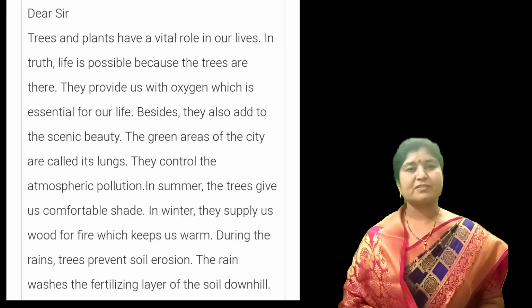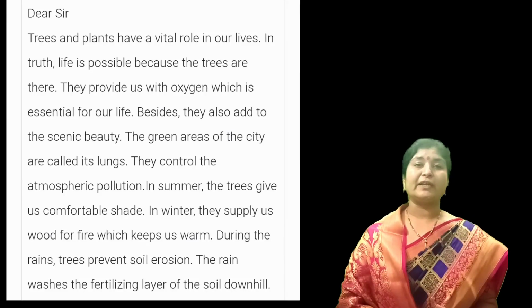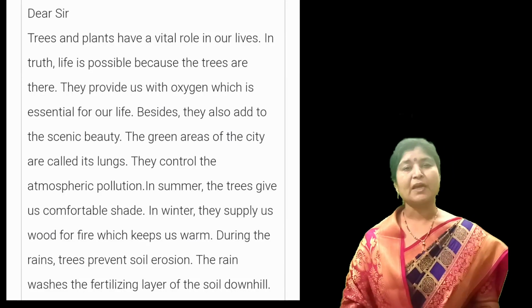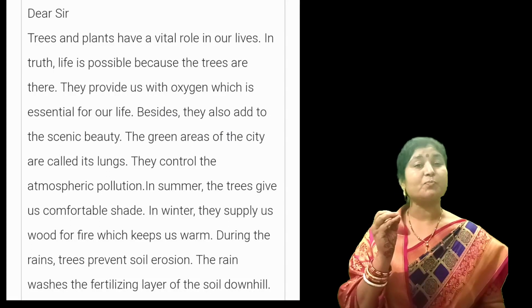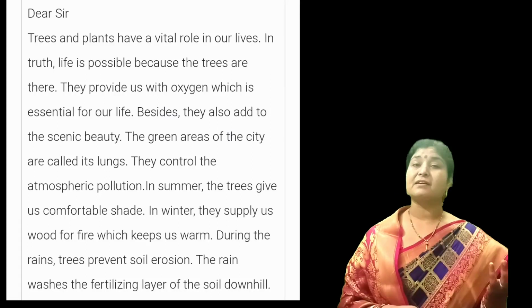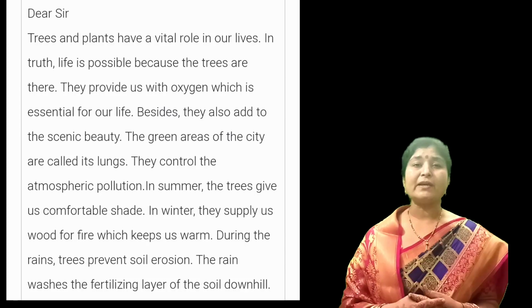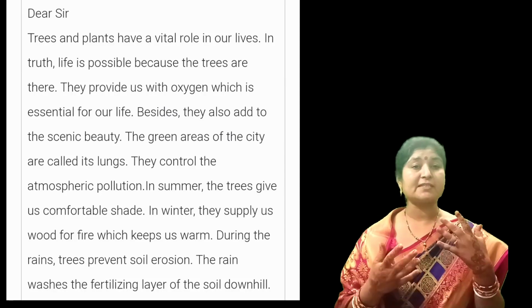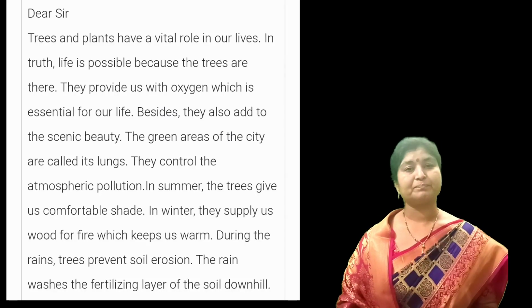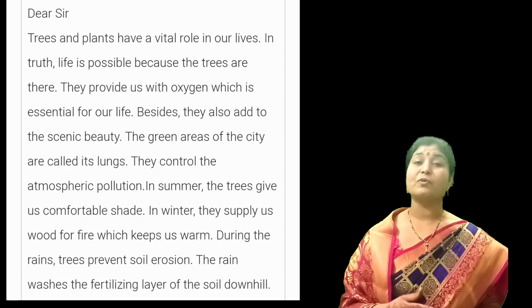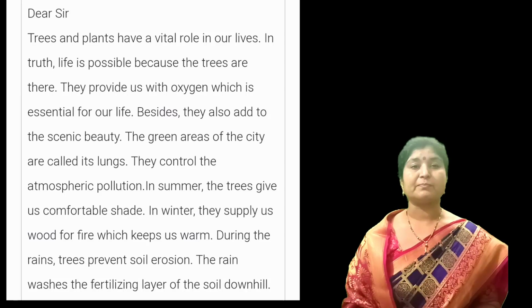Trees and plants have a vital role in our lives. In truth, life is possible because the trees are there. They provide us with oxygen, which is essential for our life. Besides, they also add to the scenic beauty.